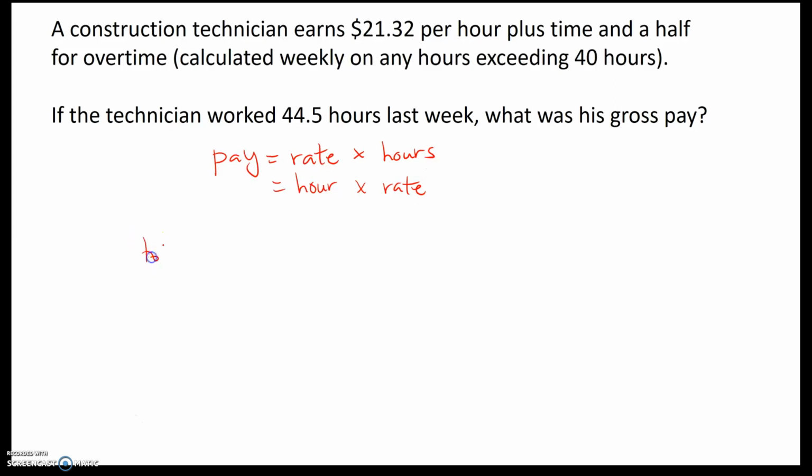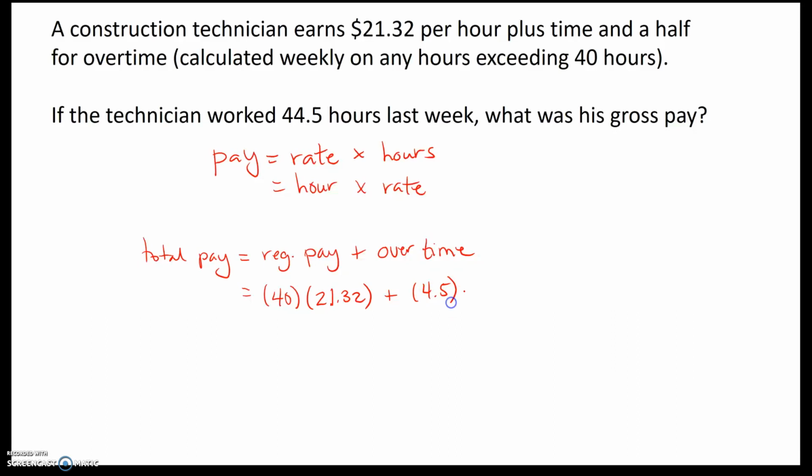We also need to understand that the total pay earned is the sum of your regular pay plus overtime pay. To do the calculation, we do our regular hours times our regular rate of pay, $21.32, plus our overtime hours times our overtime rate of pay.